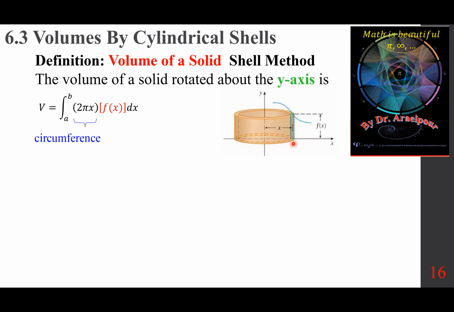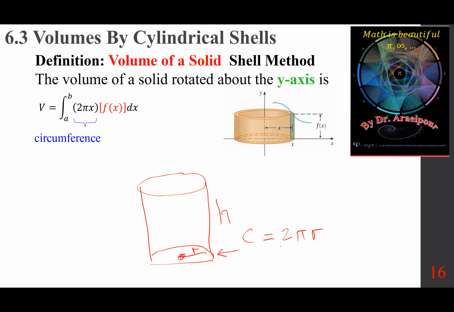How do you find the circumference of a cylindrical shape? The circumference is 2 pi r. Here's the circumference of the base.